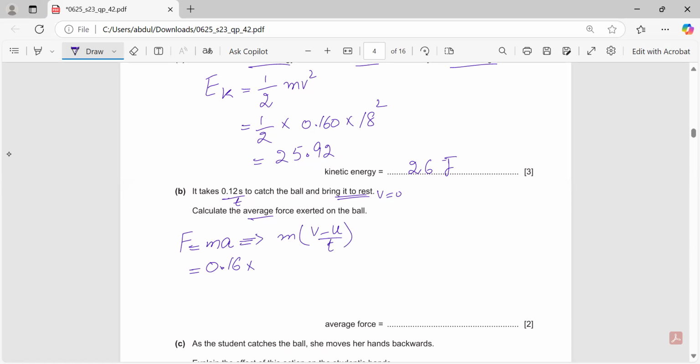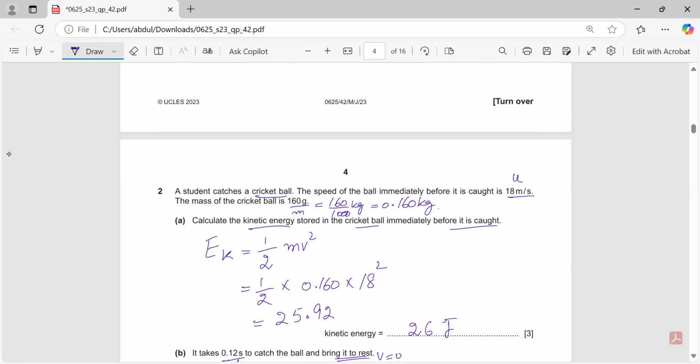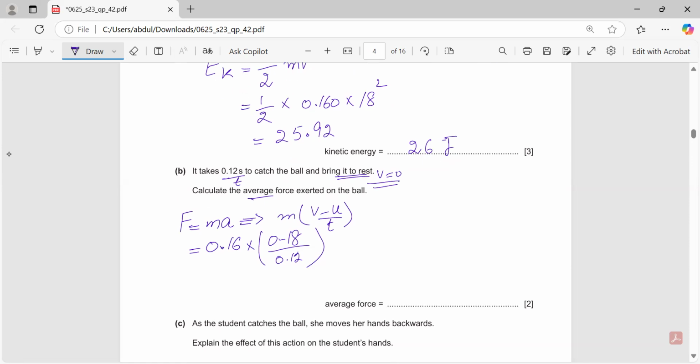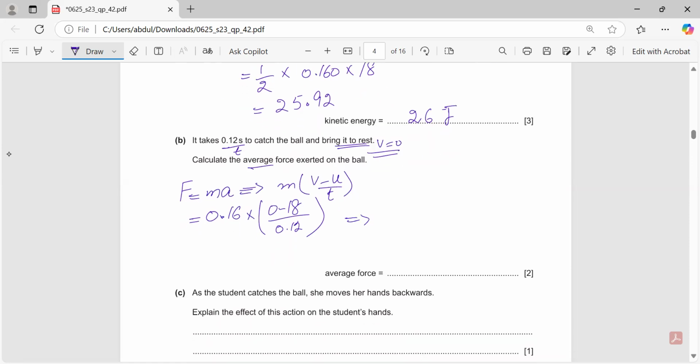So 0.16 is the mass, v is 0, u is 18, and t is 0.12 seconds. As we simplify it, we get the answer equal to minus 24 Newton, and it's okay.